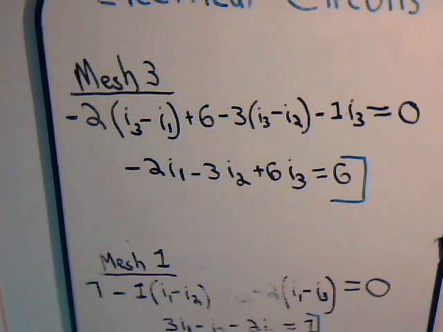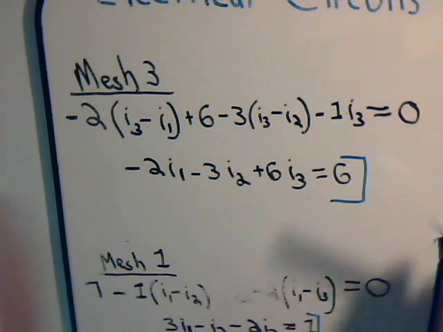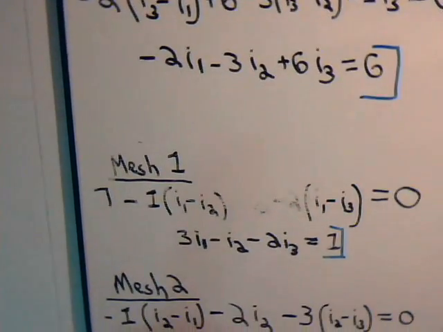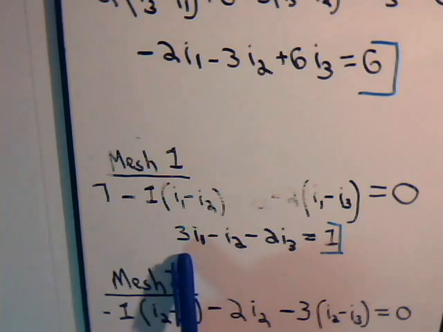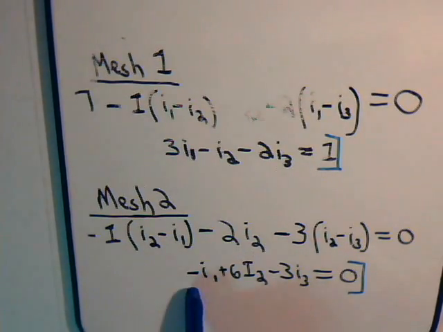So where things stand right now is that we went through windows 1 through 3, working with 3 meshes, and what we obtained are 3 equations. We have this equation that's equal to 6, we have this equation for mesh 1 being equal to 1, and for mesh 2, this equation being equal to 0.